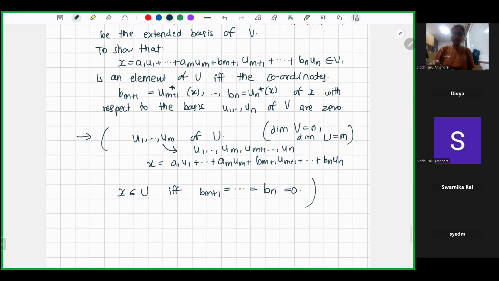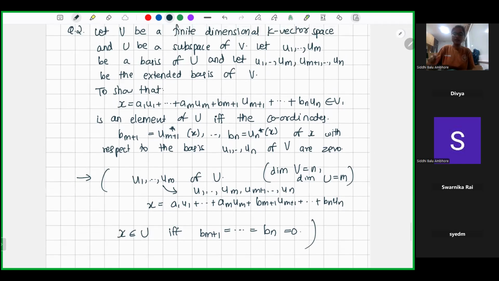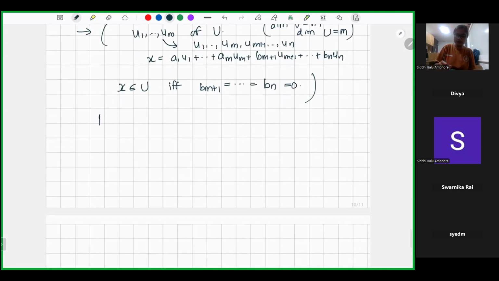What I said here is, I hope you know what basis means, right? A basis of U over K has two properties.